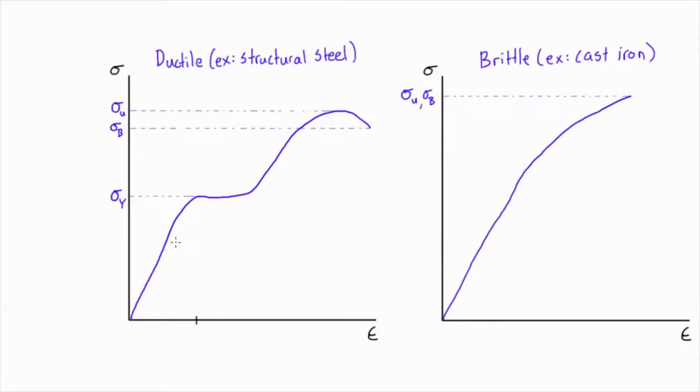So we basically have stretched out the material, and then as long as we don't pass this yield stress here, when we unload it, the material is just going to shrink back down, or rebound back to its original length.